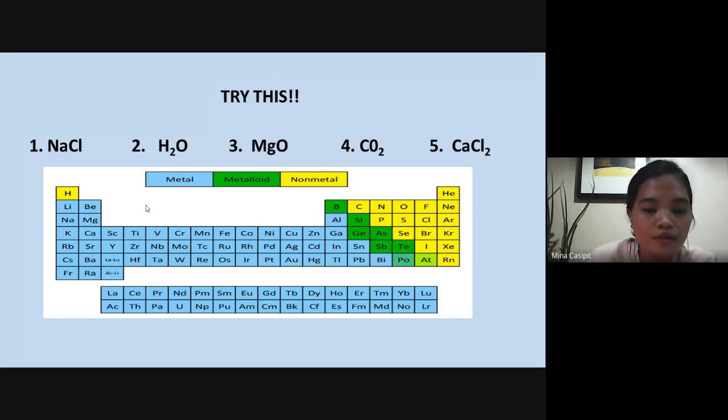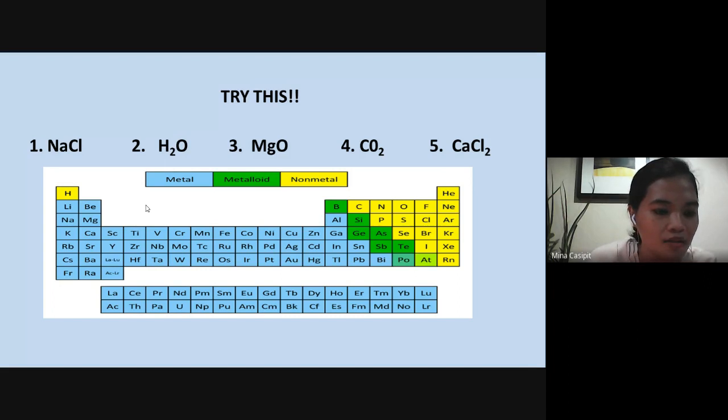So with the use of the periodic table of elements, you're going to answer whether this compound is an ionic or covalent compound. Again, this exercise we will determine whether the compound is an ionic or a covalent.